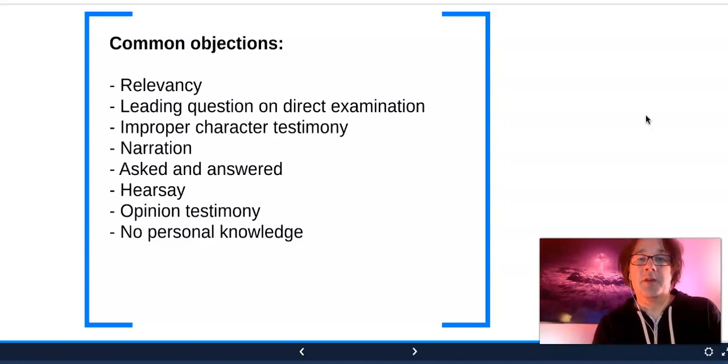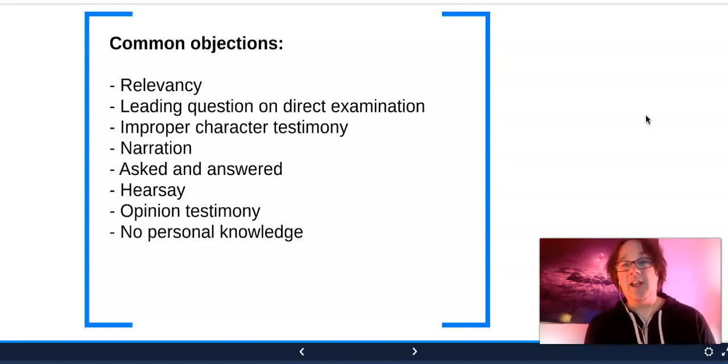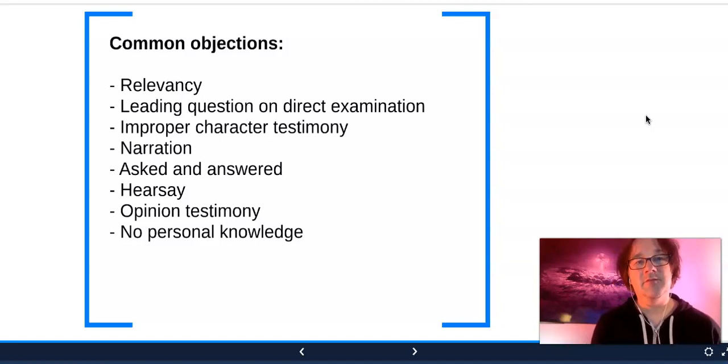Another big one that pops up, particularly in mock trials, because people have not a lot of experience, probably. I'm gonna go out on a limb and say this is probably for everyone's first time doing a mock trial. So narration. This is when you start giving long-winded answers.